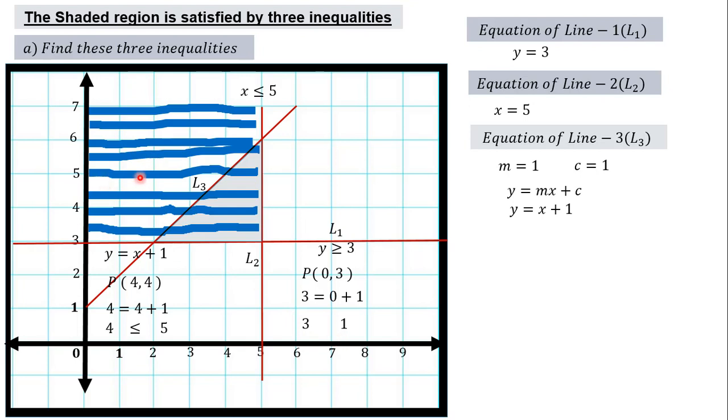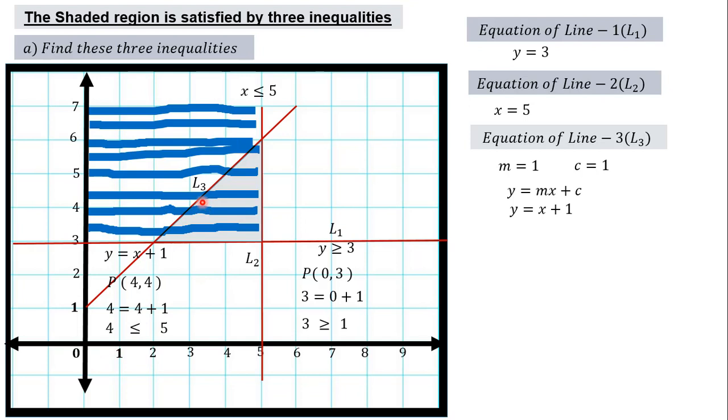So if you need to shade the region above this line, you have to put the greater than or equal to sign, and if you need the region that is below this line, you have to put the less than or equal to sign. Since we have the region below this line, we have to put the less than or equal to sign for line number 3.